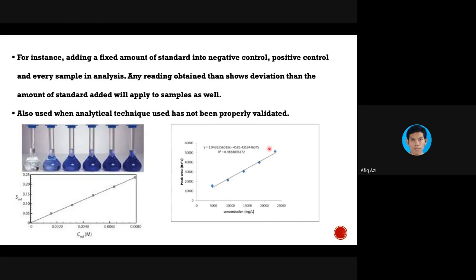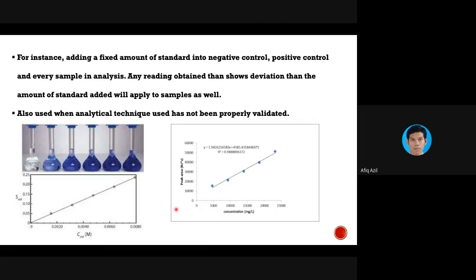One thing that you have to remember before using any standard for analysis, that means you want to compare it to a sample, you have to do a calibration study, or calibration curve.